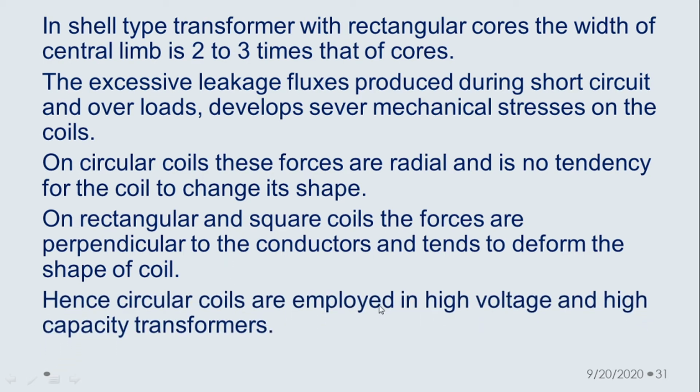Hence, circular coils are employed in high voltage and high capacity transformers, instead of rectangular or square coils, because the forces due to overload and mechanical stresses formed during short circuit will be perpendicular to the conductors and tend to deform the shape of the coil.